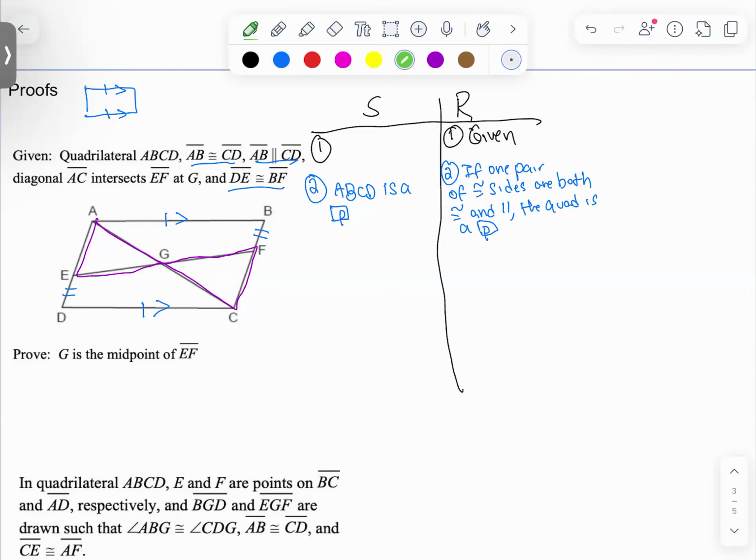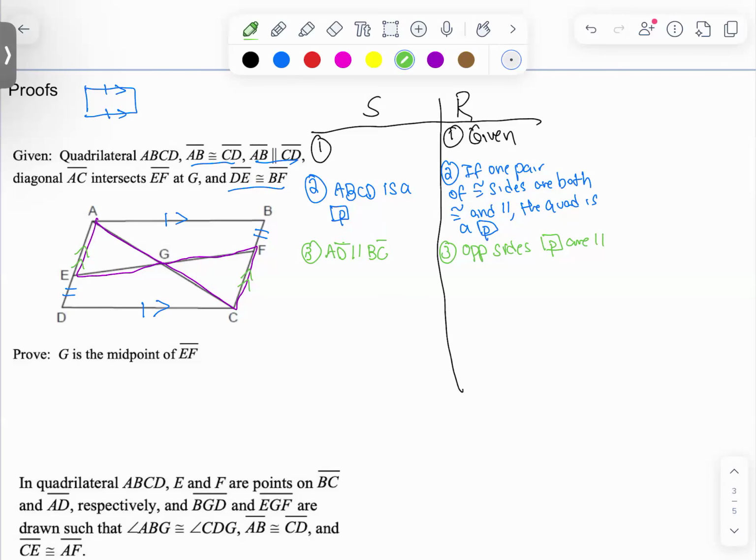So from here, now that we know that it's a parallelogram, we can say that AD and BC, the other set of opposite sides, are also parallel. And that's because opposite sides of a parallelogram are parallel, and we now know that we have a parallelogram, we just proved it.